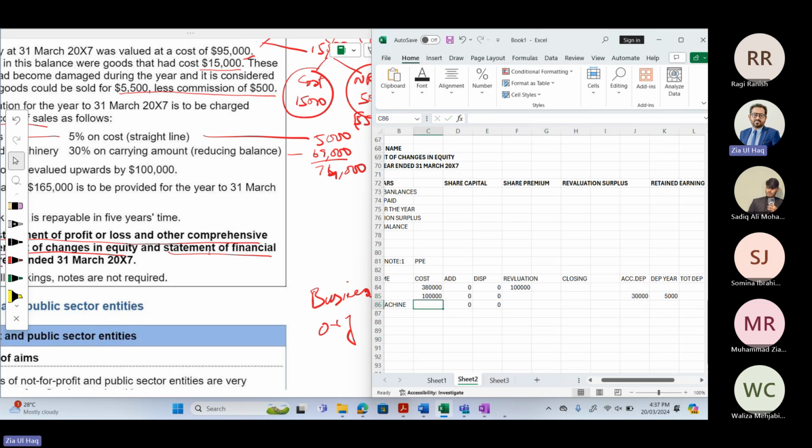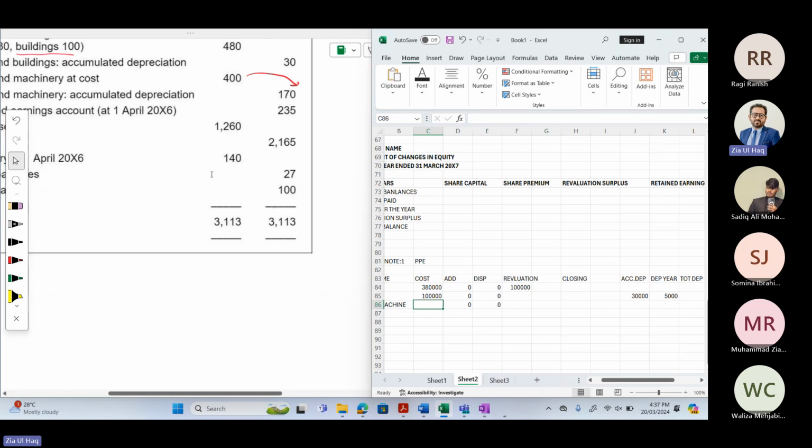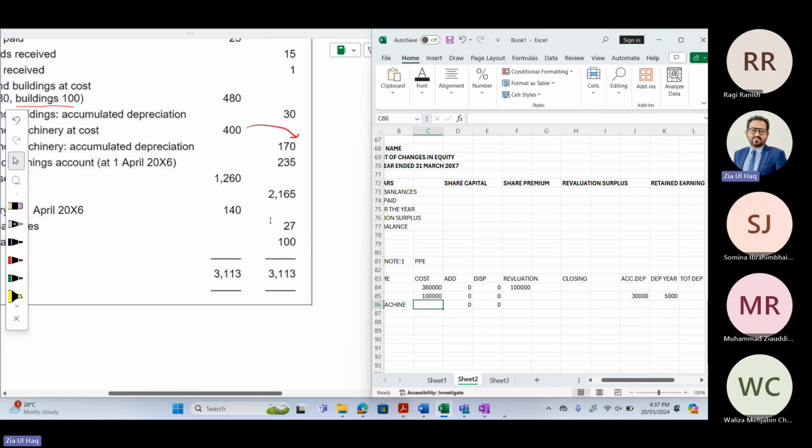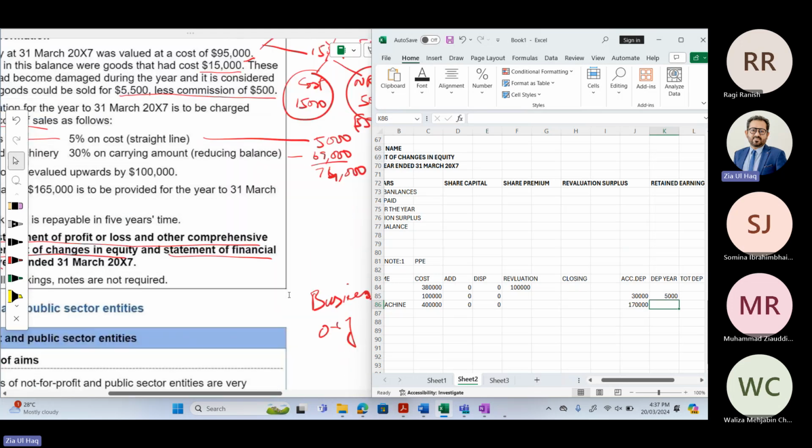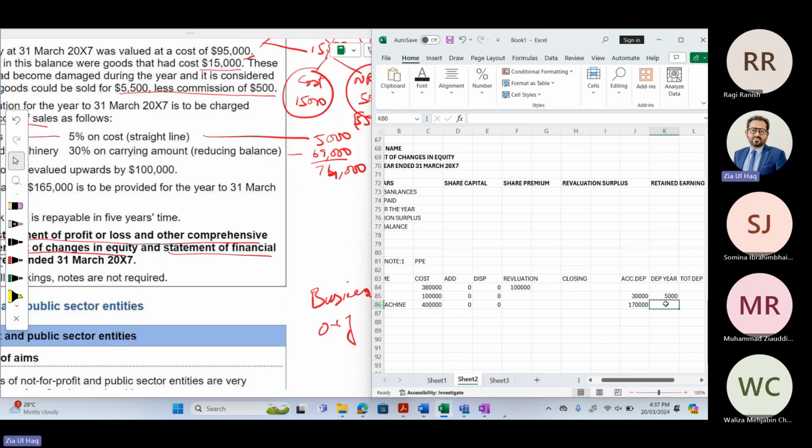Okay. For plant and machinery, we have the amount here as 400,000. Its cumulative depreciation is 170,000. And depreciation for the year, we have calculated 69,000. That's it.